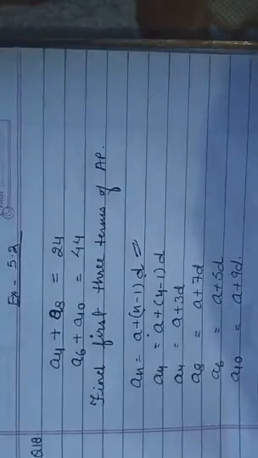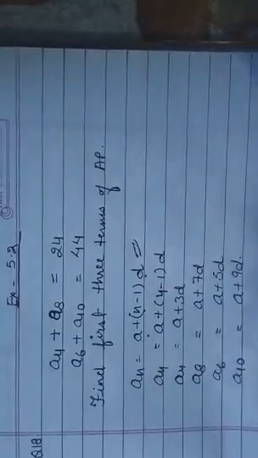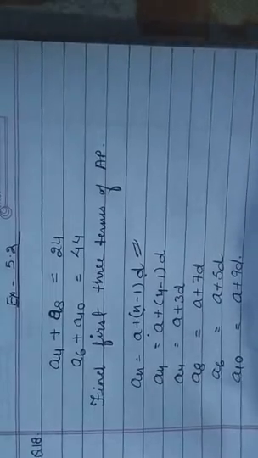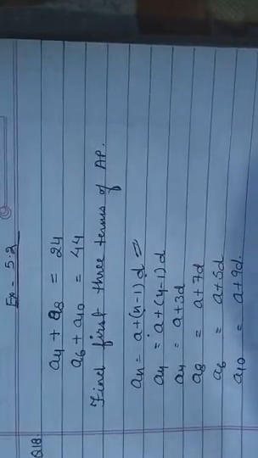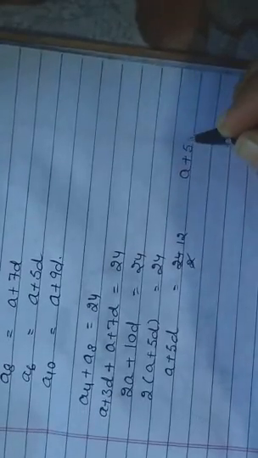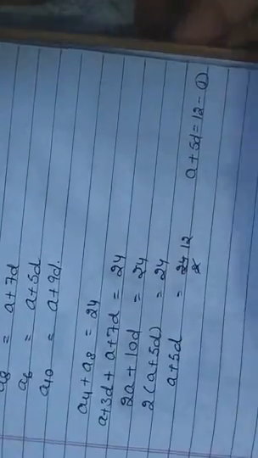Now, when you solve this equation, it will become 2A plus 10D equals 24. 2 can be taken as common, that is 2 into (A plus 5D) equals 24. Now A plus 5D will be 24 upon 2, that is 12. This is the first equation: A plus 5D equals 12. This is my equation number 1.